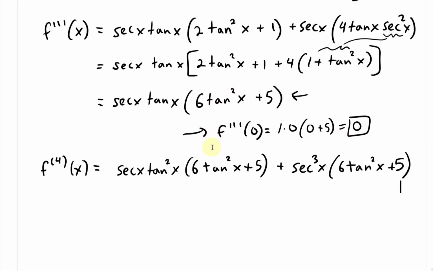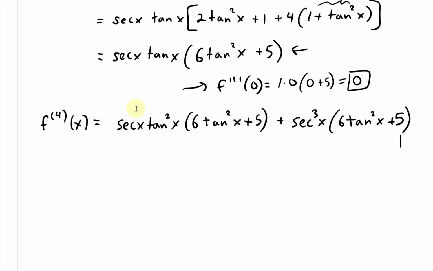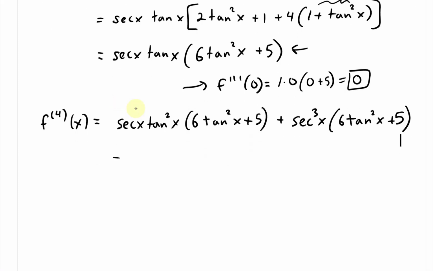And then continuing on, now we take the derivative of this inside, this one here. This looks all right, because nothing changed besides the numbers 2 and 1. Then take the derivative of this one, and these ones remain the same, so it's going to be plus secant x tan x.